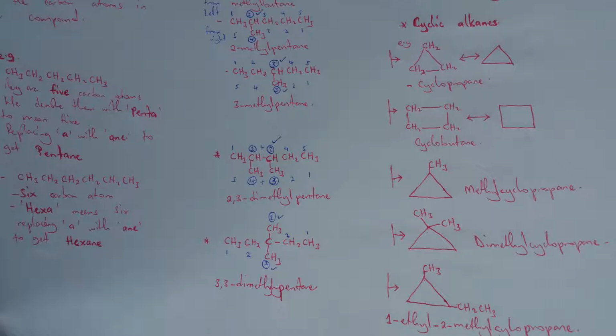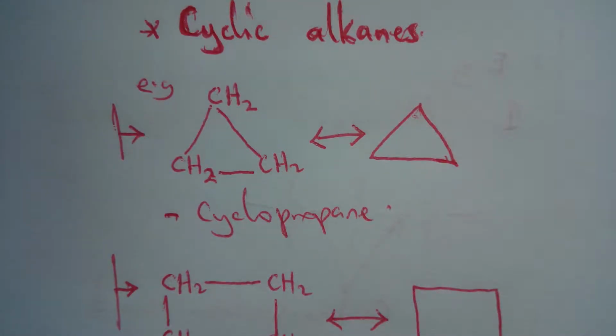Then the other thing, if I haven't forgotten, we have some alkanes which are in a cyclic nature, which are not straight, neither branched, but they're in a circle. For instance, you may have one having 3 carbon atoms but forming a ring.